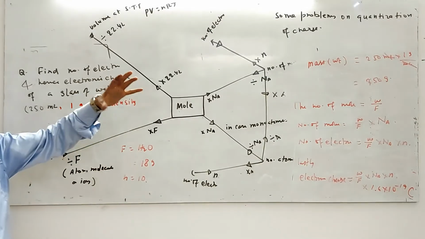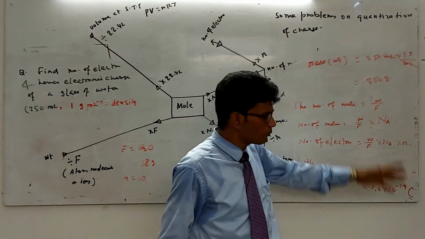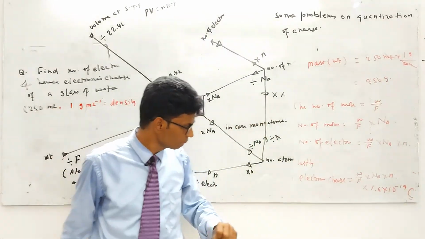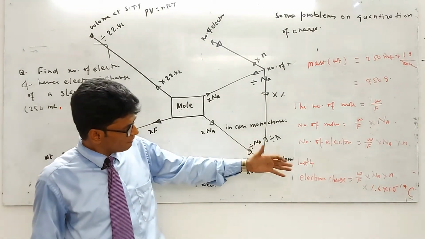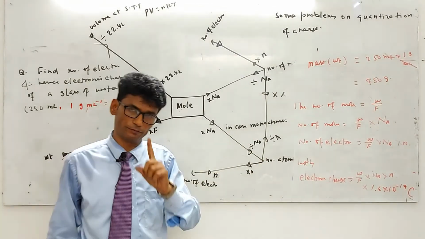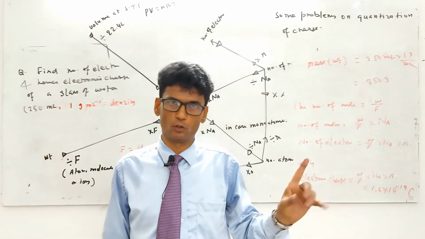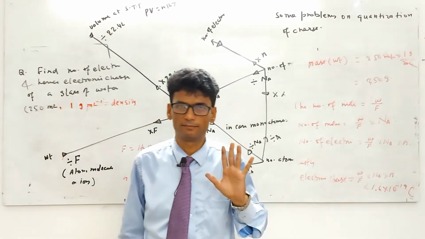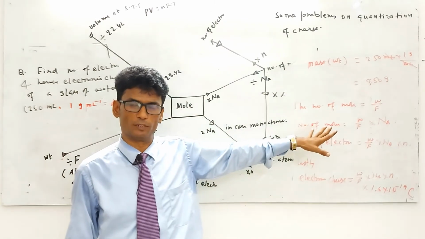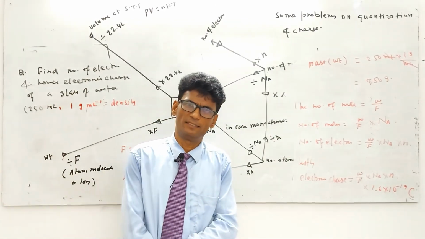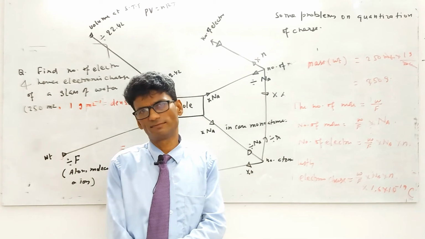So what is the way to calculate this? I am going to teach you here. In which way are we going to do the calculation? Firstly, take care of units. I have taken care of units. But nowadays, examinations are very fast.